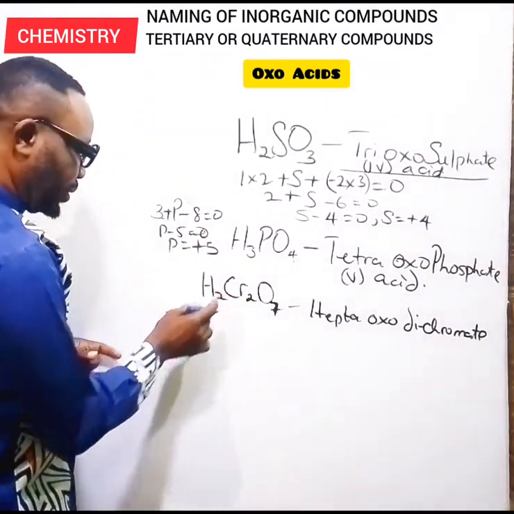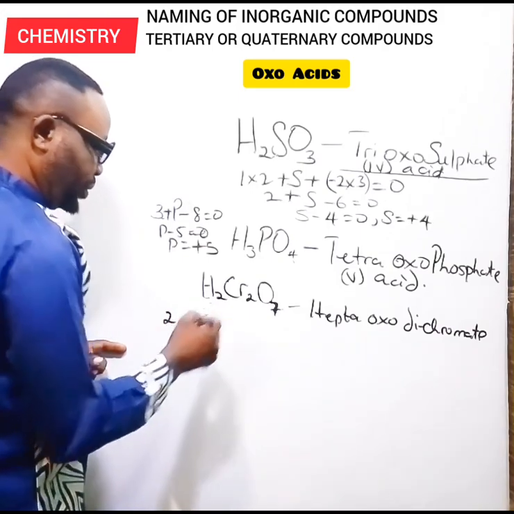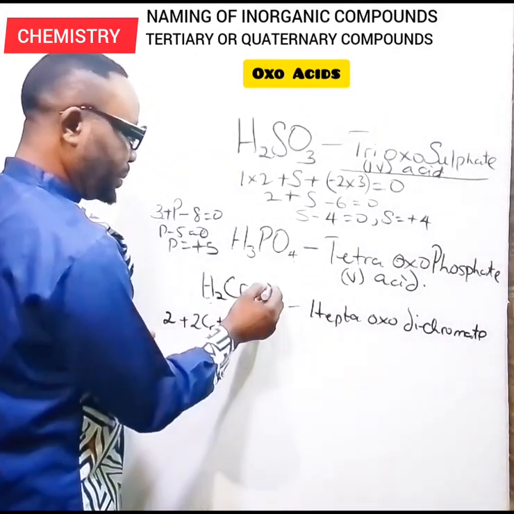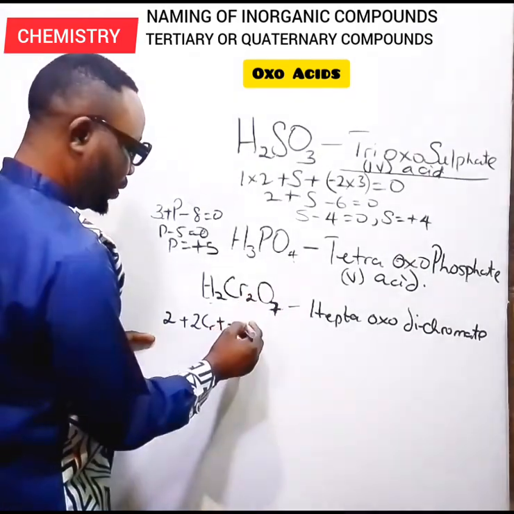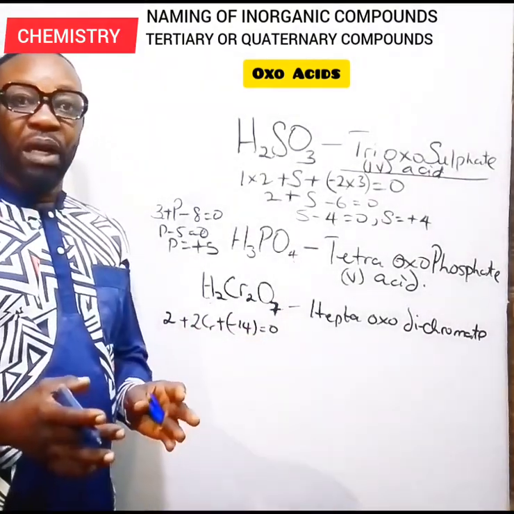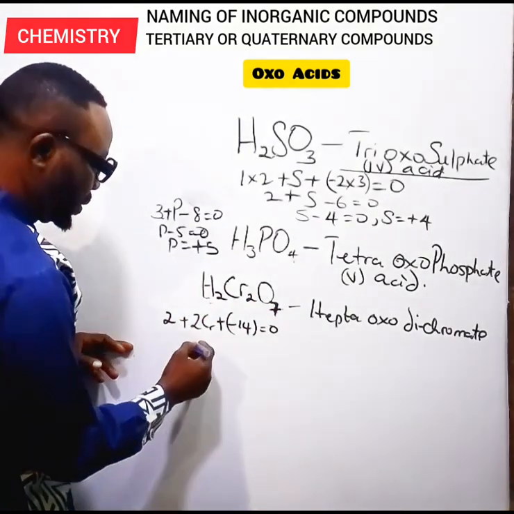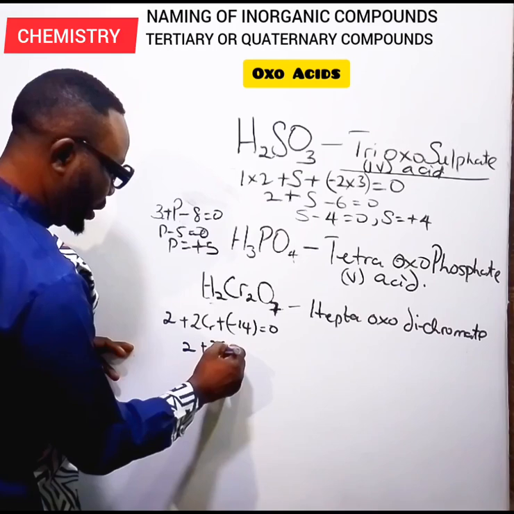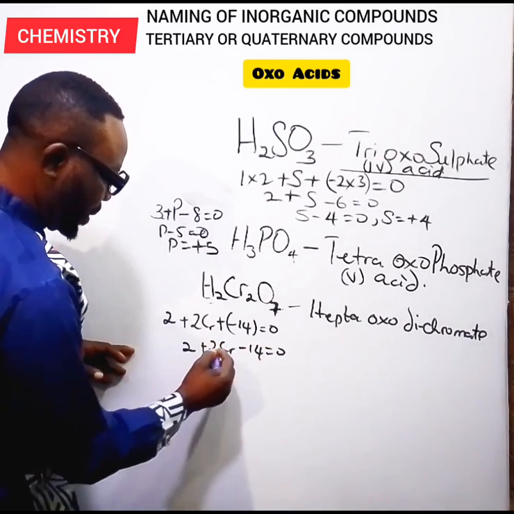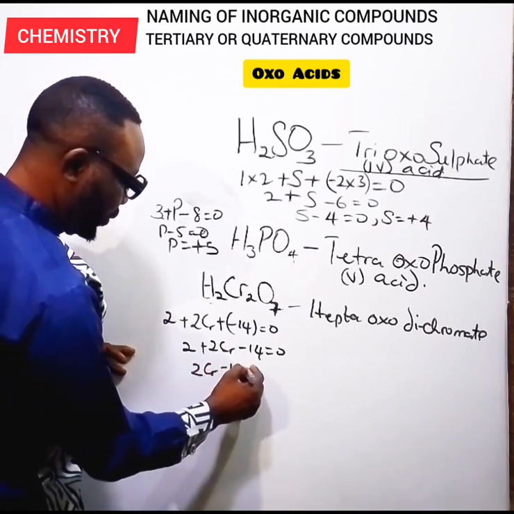So we have 2, that is hydrogen, 1 times 2, that is 2, plus chromium, this is 2Cr, because we are having 2 chromium here, plus oxygen is minus 2 times 7, that's minus 14, is equal to 0. The summation of all the oxidation numbers of a neutral compound like this is equal to 0. Then we have 2 plus 2Cr minus 14 equal to 0. So 2 minus 14 will be 2Cr minus 12 is equal to 0.